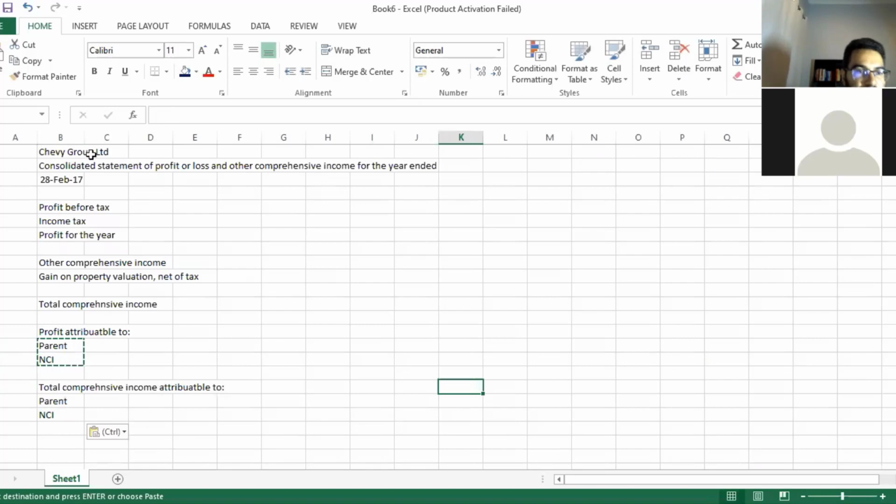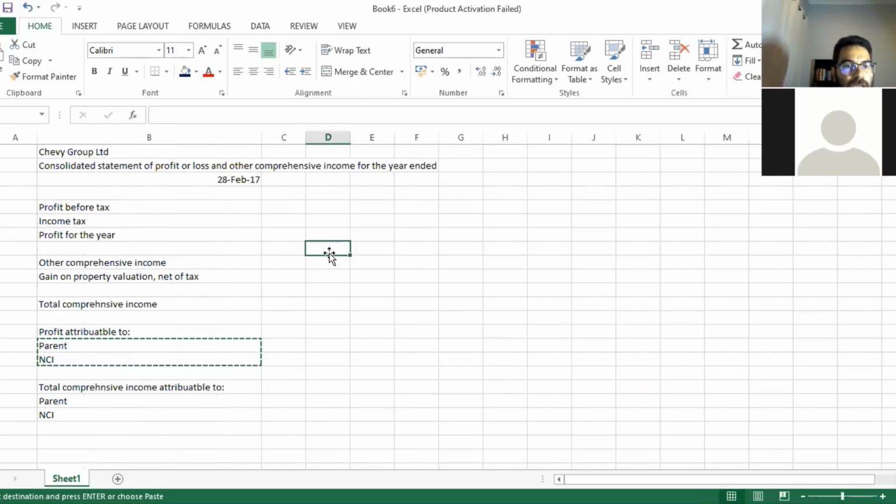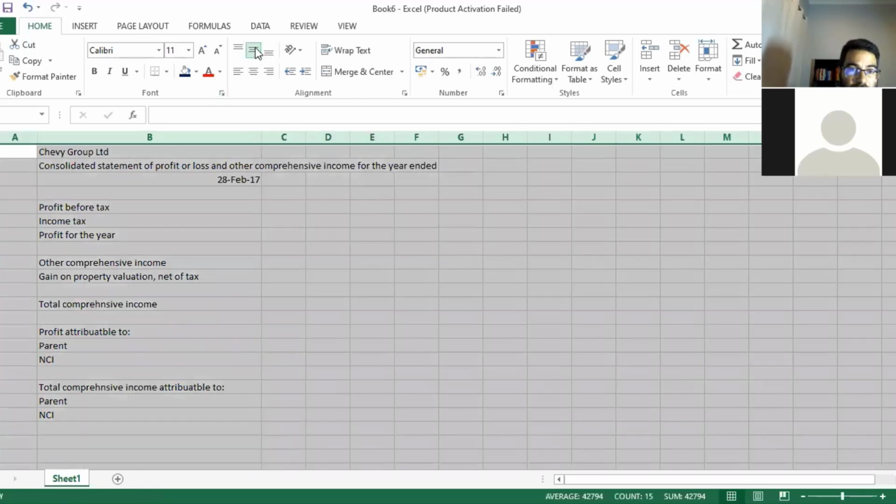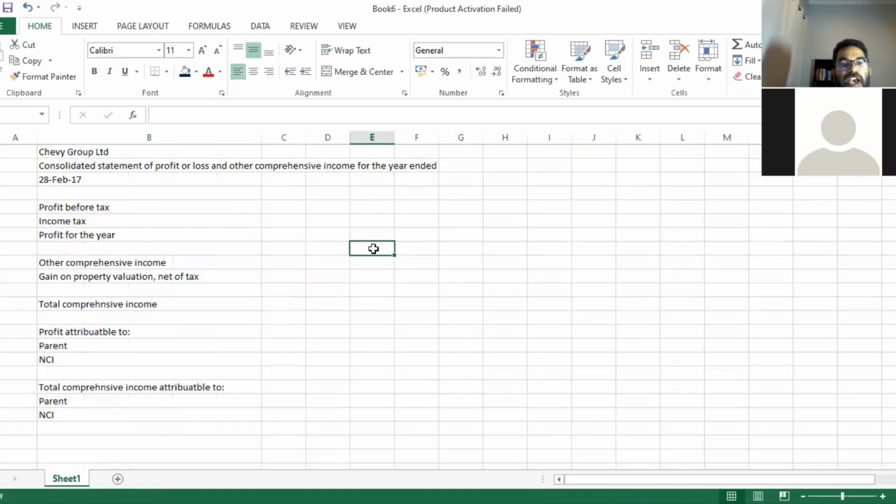So why do we do this? What do we need to remember? We need to remember that we are consolidating. We are doing group accounting. When you do group accounting, when you have a subsidiary, you consolidate. Consolidation means you bring 100% of the assets, liabilities, income, and expenditure of the subsidiary onto your books, even though you don't have 100%.